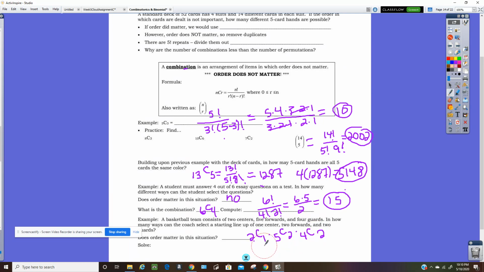So this would be 2 factorial over 1 factorial times 1 factorial, and then 5 factorial over 2 factorial times 3 factorial, and times 4 factorial over 2 factorial times 2 factorial. So let me finish over here.